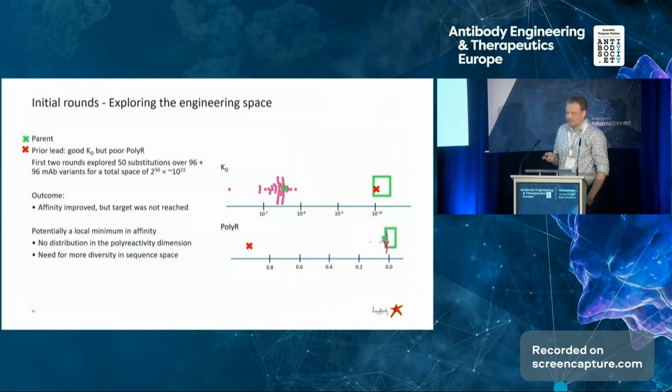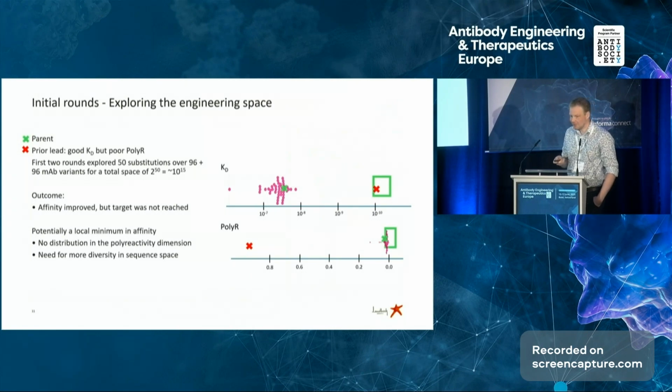We went ahead with 2 initial rounds. We made 96 variants, 2 times 96 variants, covering 50 substitutions. So the space that we're looking at here is about 10 to the 15th.